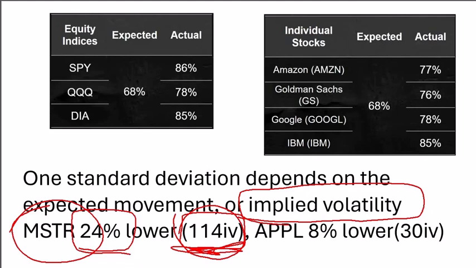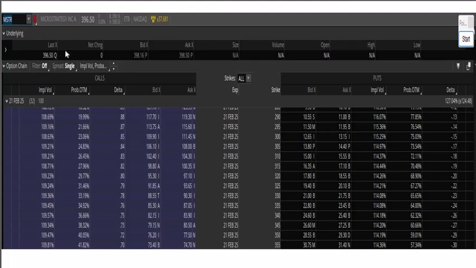So let's take a look at that. Here's your option chain, and we can see that the price of the stock is $396.50. Well, let's go take a look at our deltas here. As we go down, down, down, we find our 15 delta, which is close to our 16 delta, and we can see that this is the 300 strike put.